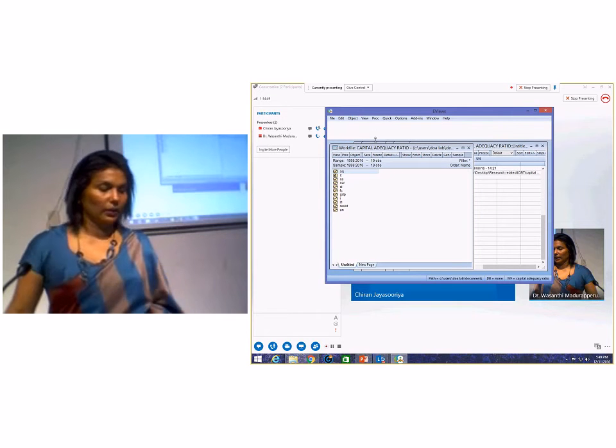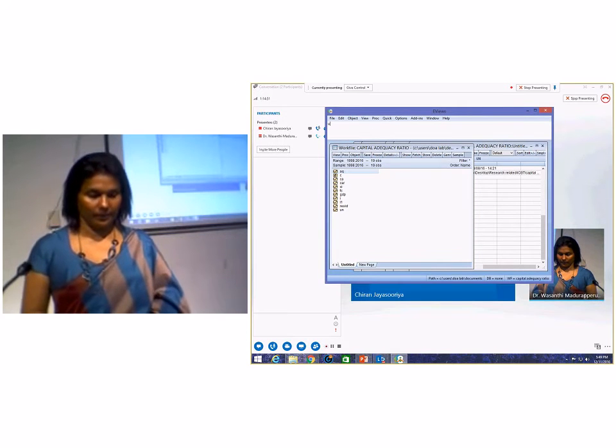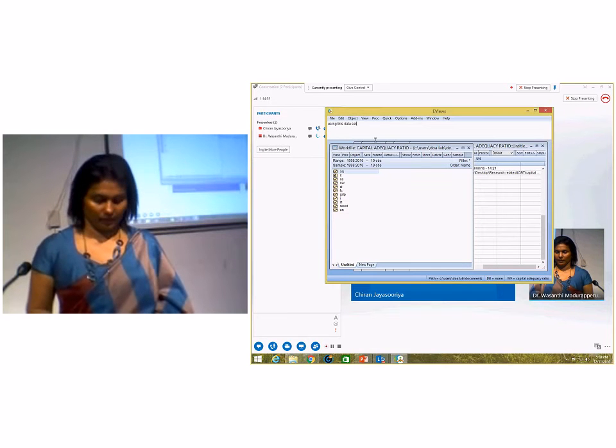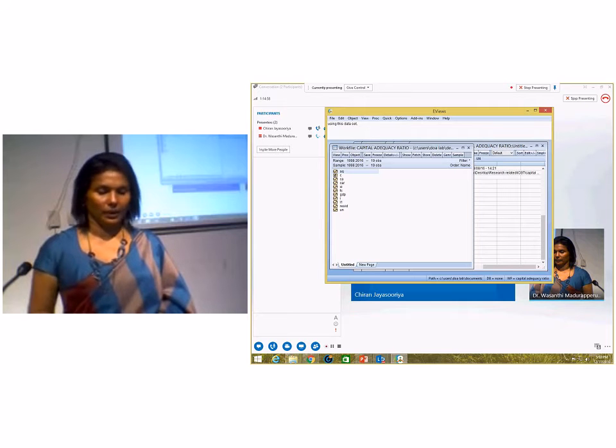Right, so then use the data set. Do the following task.